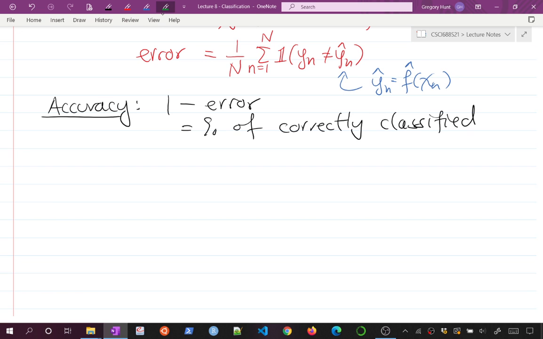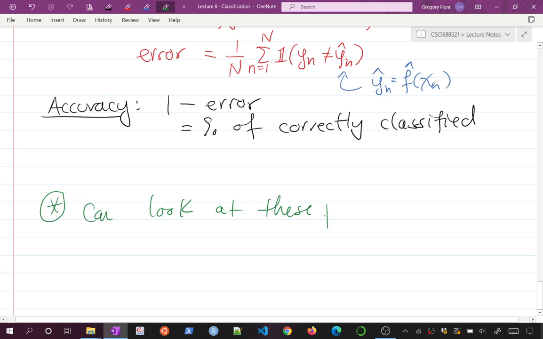So let me actually just write that down. You can look at these per class. And what I mean by that is you could take the overall error or the overall accuracy, or you could say, for instance, among those that are truly in class 1, what's the error rate or what's the accuracy?